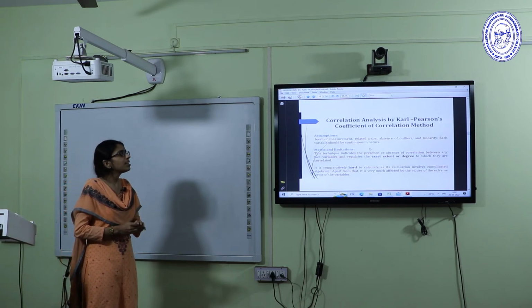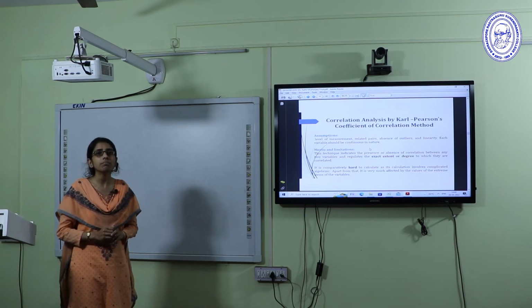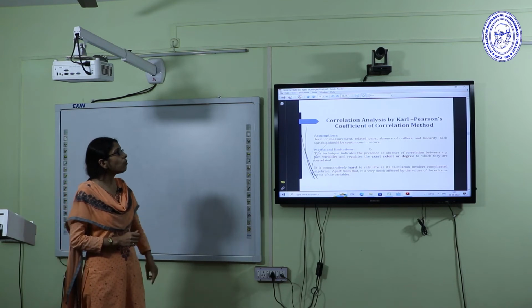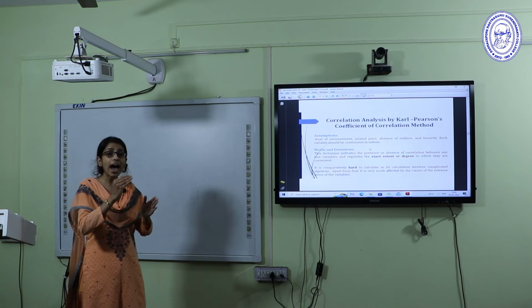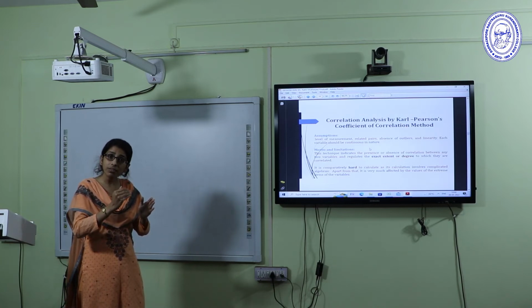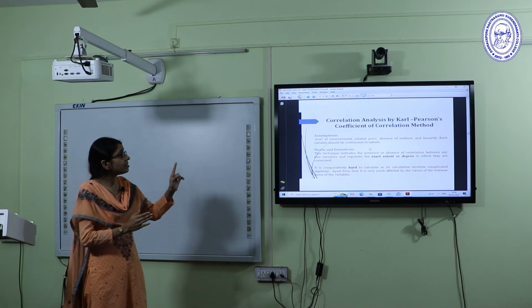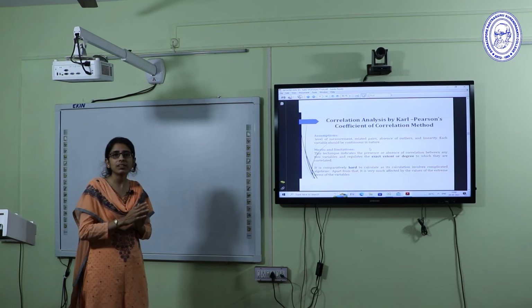So there are certain assumptions regarding Karl Pearson's method. First of all, the level of measurement: you have to measure each variable quantitatively and precisely. Second, there must be related pairs.